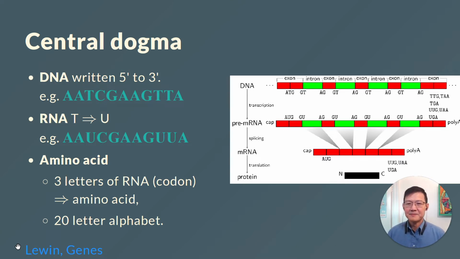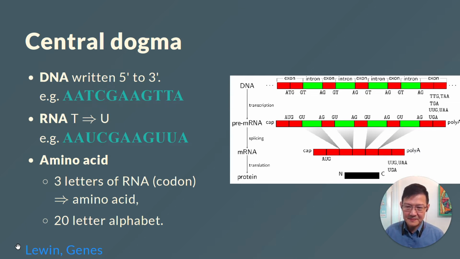Okay, and then the mRNA is spliced, so certain parts of it are cut out. This process of cutting stuff out is called splicing, and it's something called introns that are cut out, and so you end up with this shorter sequence or mRNA, which is then translated into proteins.